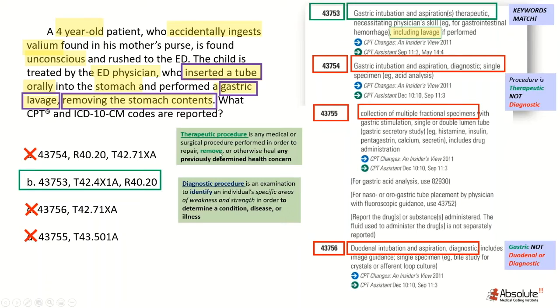What are we doing today with this little person? We're removing the gastric contents. If it were diagnostic, it's an examination to identify an individual's specific areas of weakness in order to determine a condition or disease. This person is coming in because we need to remove these gastric contents because of this accidental ingestion of Valium. So we're looking for therapeutic.